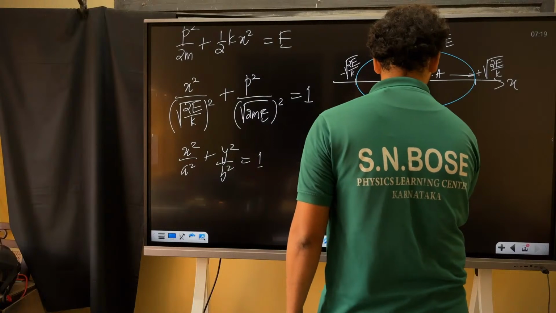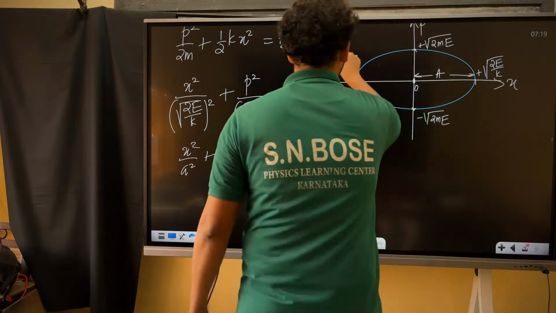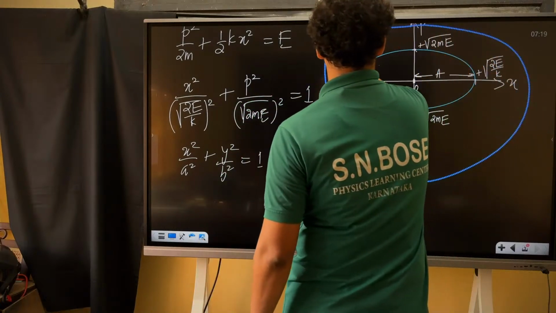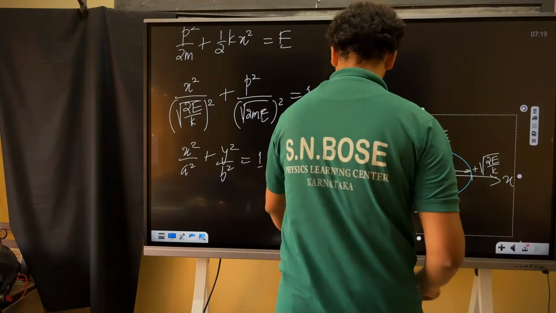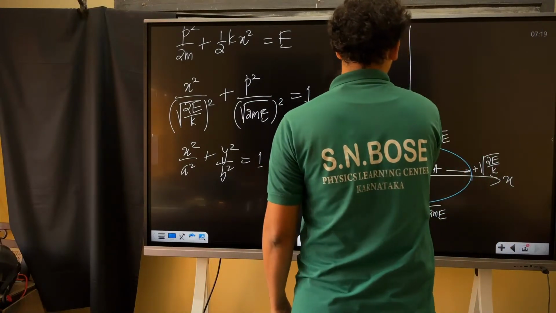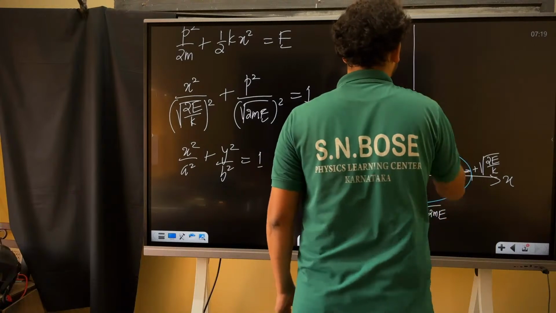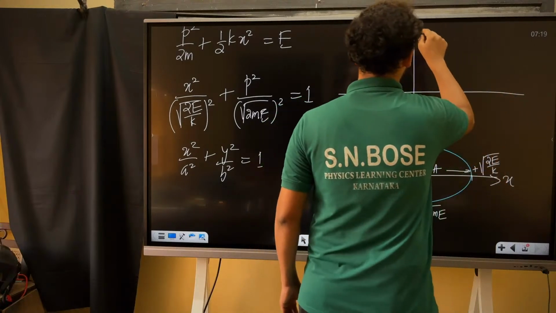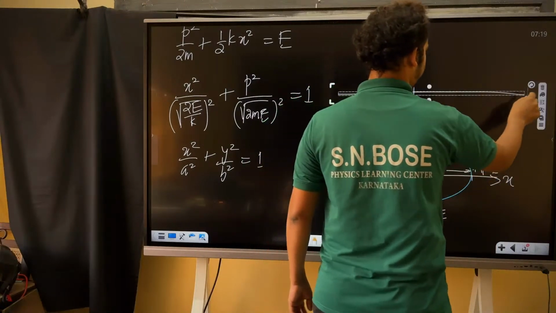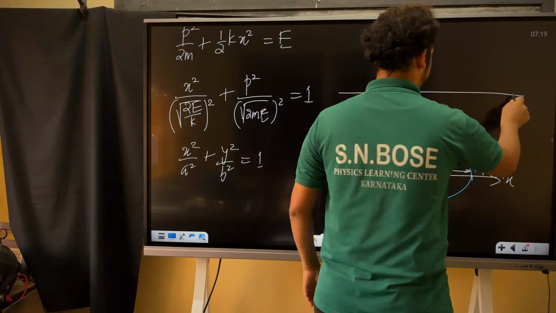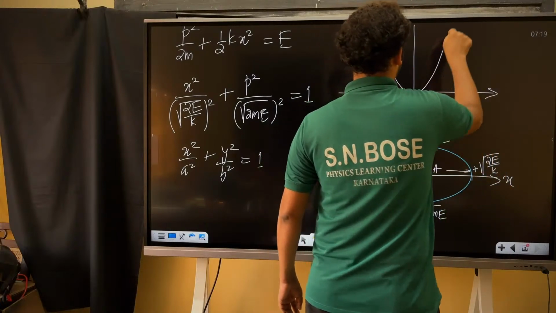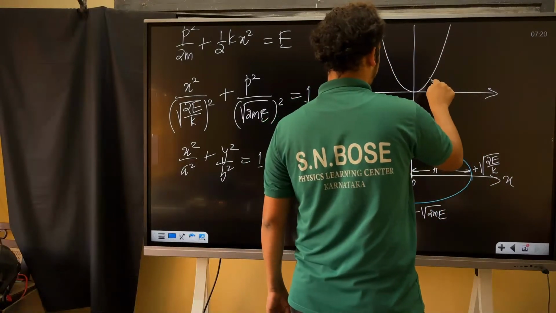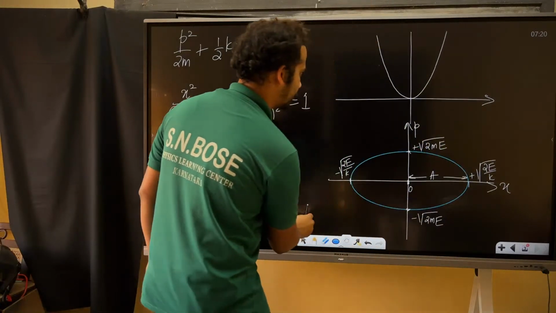If you draw that potential, what would you see? Usually I prefer drawing the potential and then drawing this phase space trajectory. If I draw the potential, it is parabolic, half kx square.